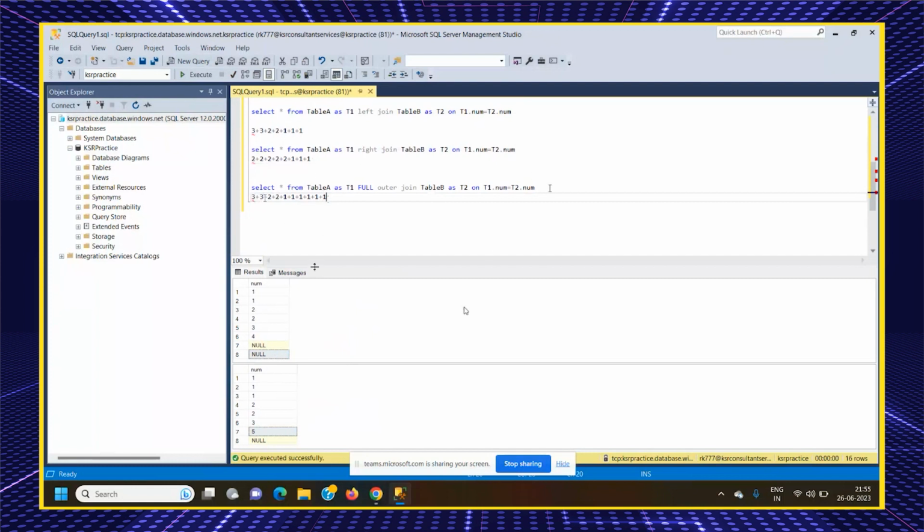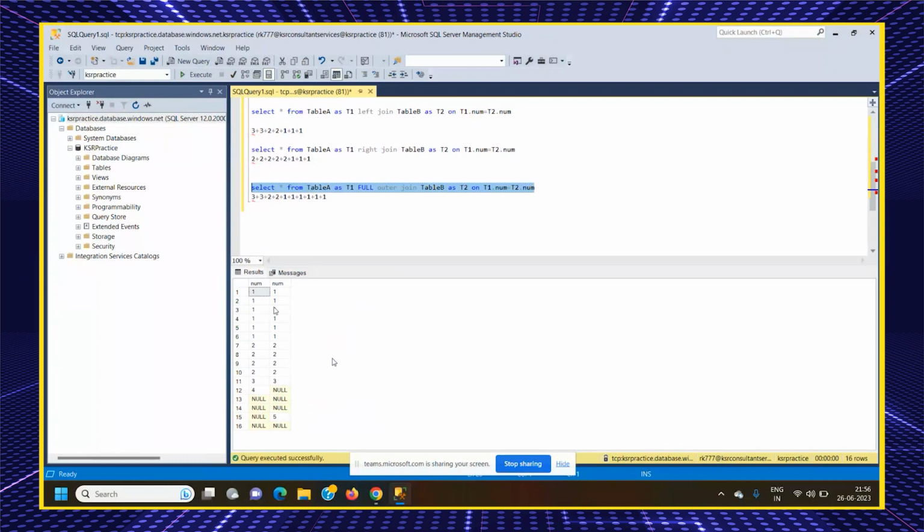So in case of outer join, it would be 3 plus 3 is 6, plus 2 is 8, plus 2 is 10, plus 1 is 11, plus 1 is 12, plus 1 is 13, plus 1 is 14, plus 1 is 15, plus 1 is 16. So in case of outer join, we would have 16 records.